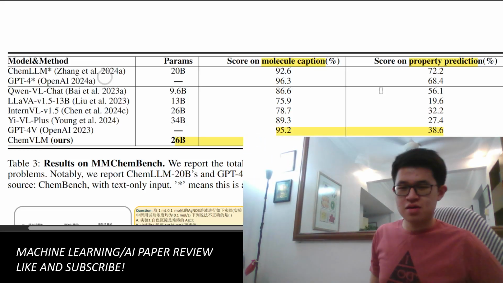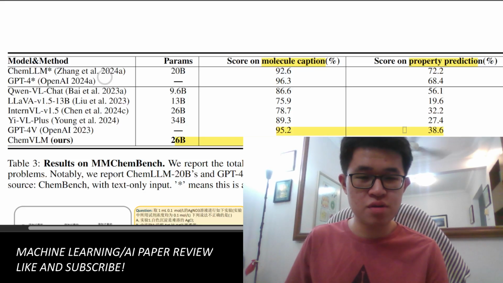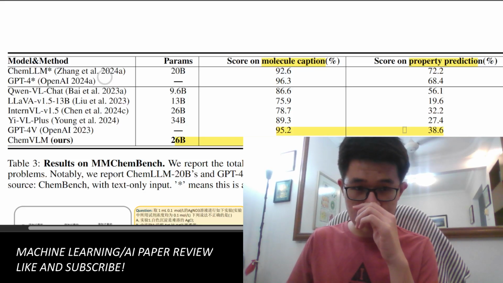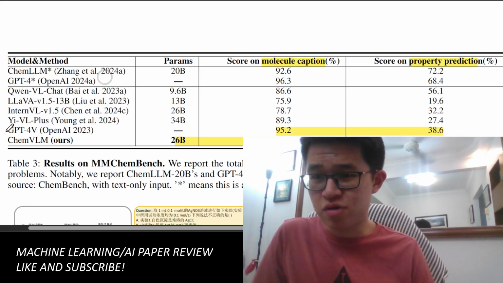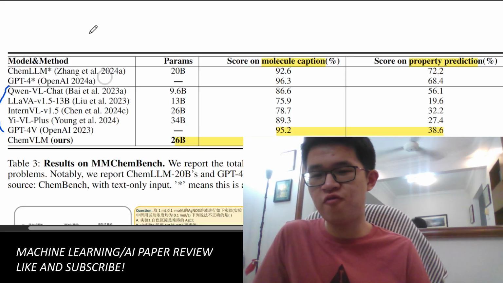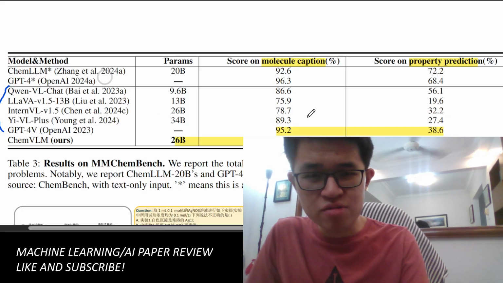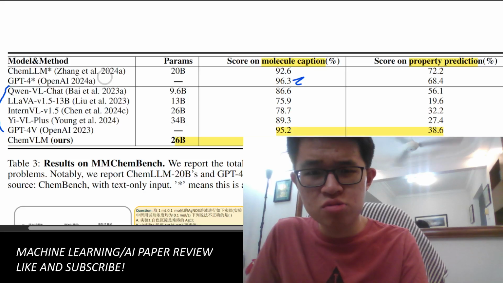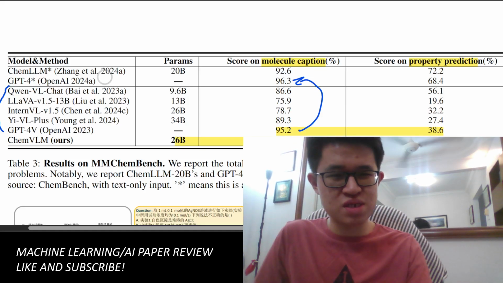Okay, I'm back. All right, let's analyze the results a bit here. Because I'm finding something interesting going on here. If you compare GPT-4V and the text GPT-4 base model, right, you will see that GPT-4V scores a lower accuracy, which is kind of weird, right?